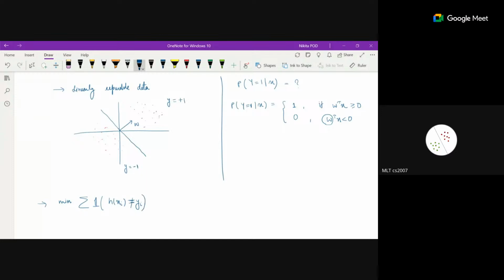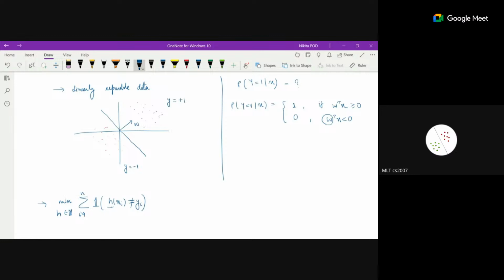So the number of mistakes that your algorithm makes, you just add it up, and that's what the loss is when you have a classification problem. I is varying from 1 to n, and this h is basically, in this case, nothing but the set of all the linear functions.